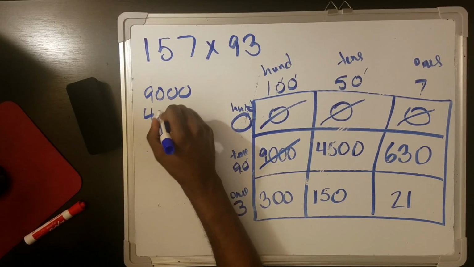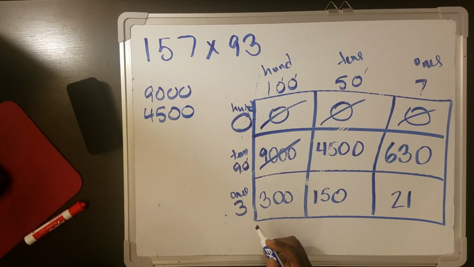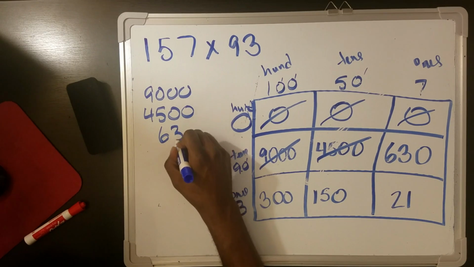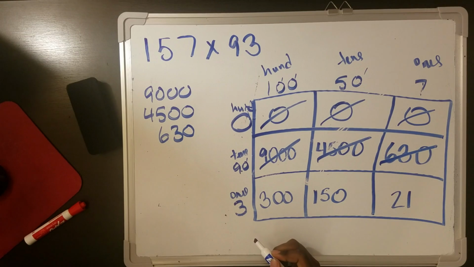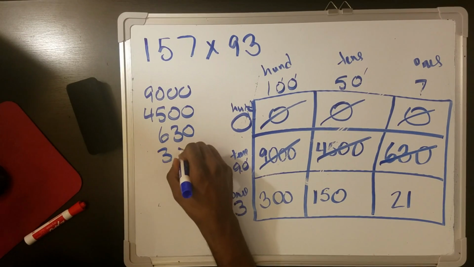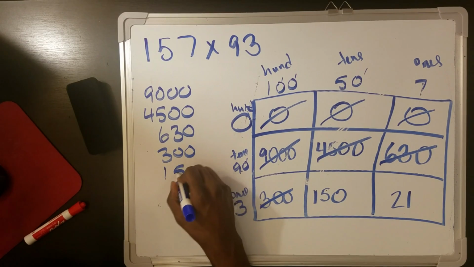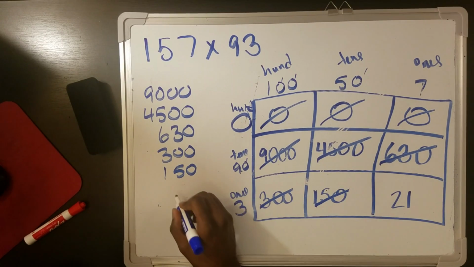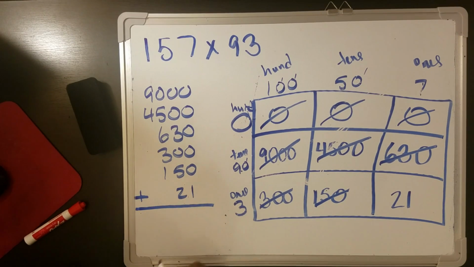Then we're going to start with 4,500. Then we have the 630. Then we have the 300. Then we have the 150. And then we have the 21. And we're going to add all of these up.